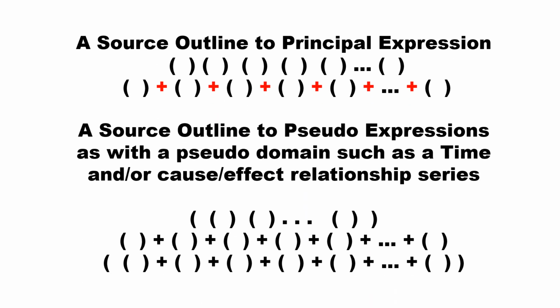This is my first take on an outline for what is a principal expression. Any series of individual objects could be perhaps a principal expression. Any series of objects, individual objects principally expressed as complete systems, could also be a source to principal expression. Now I have pseudo expressions below, and that's just anything that's an expression of an expression.